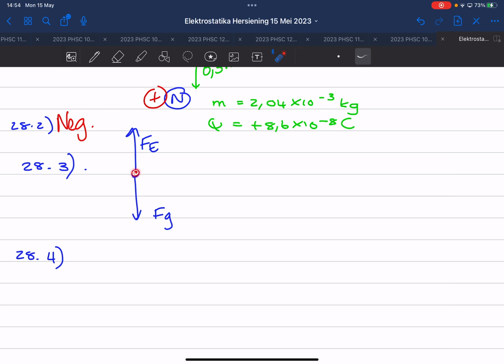Since this thing is just hovering, hy is bly net daai beweeg nie, weet ons dat hierdie twee kragte gelyk moet wees aan mekaar. Those two forces must be equal to one another, meaning Newton's first law, which is F net is equal to 0. Okay, so we can say the F of E is equal to the F of G.